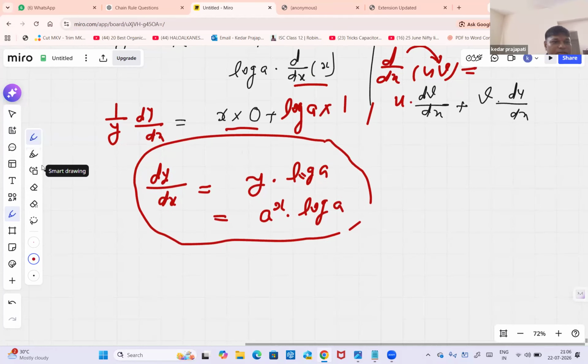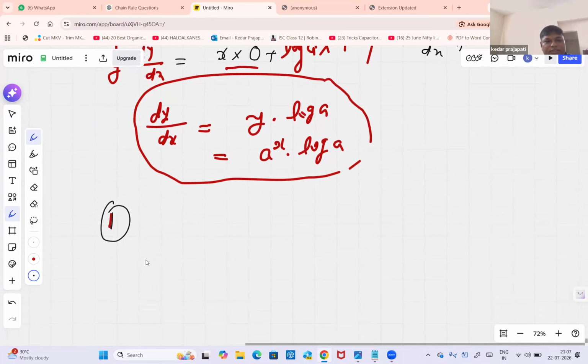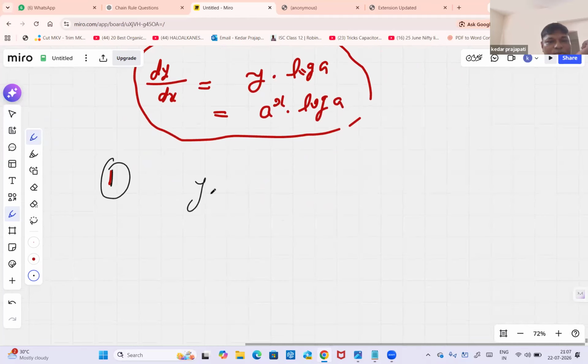So whenever this comes, now we can differentiate this. y equal to x to the power n and y equal to a to the power x or b to the power x.